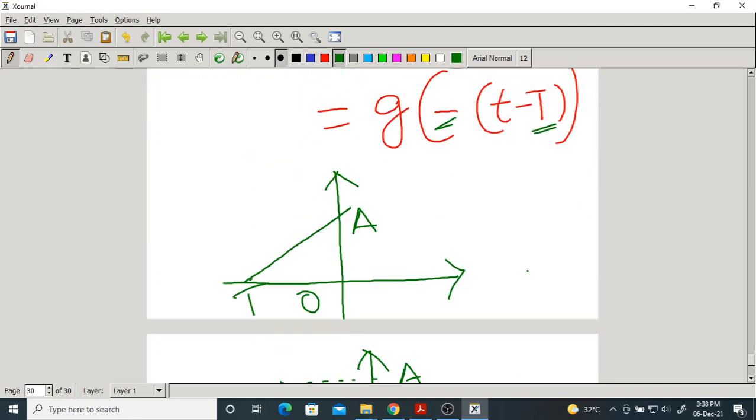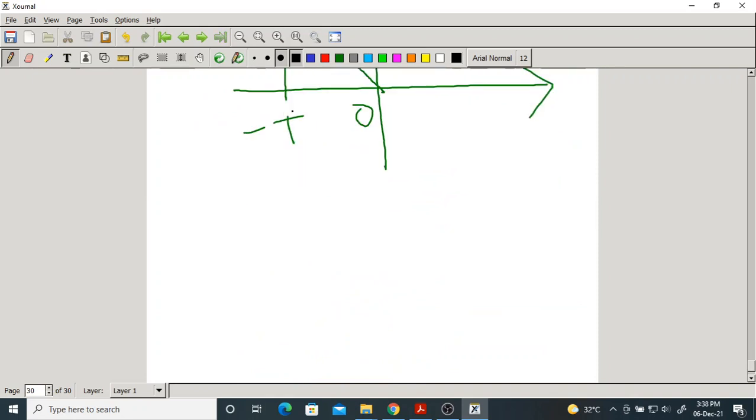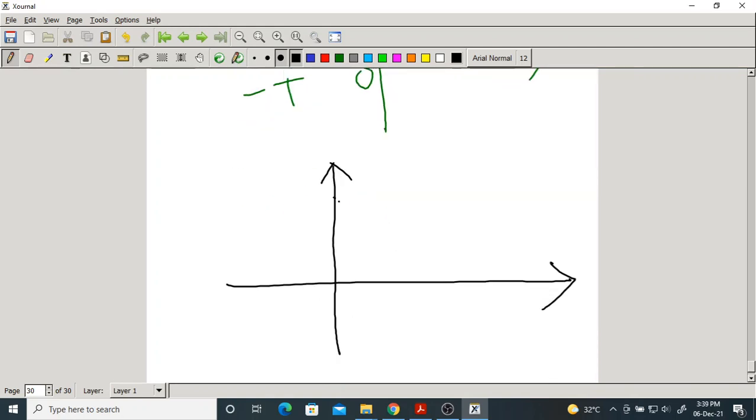Next, after time reversal, what should we do? Shift towards the right side by how much? By T. Then what do you get? Like this, from 0 to capital T, with amplitude A. Now this is the impulse response of the matched filter.